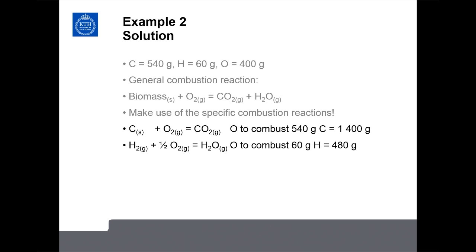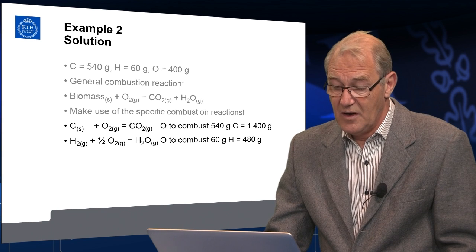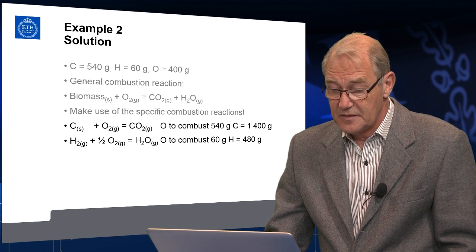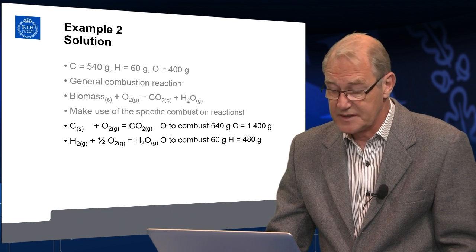And we see that the carbon needs 1,400 grams of oxygen, and the hydrogen needs 480 grams of oxygen in order to be stoichiometric combusted.